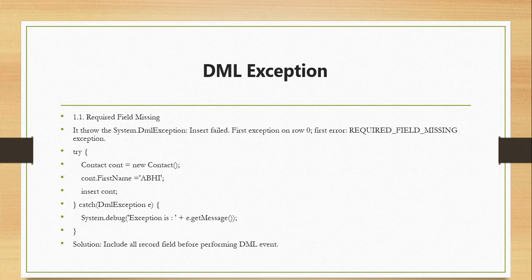Here you are using the first name, which is non-mandatory, and not using the last name, which is mandatory. So the solution is to include all the mandatory details before performing any DML operation, such as insert, for custom as well as standard objects.